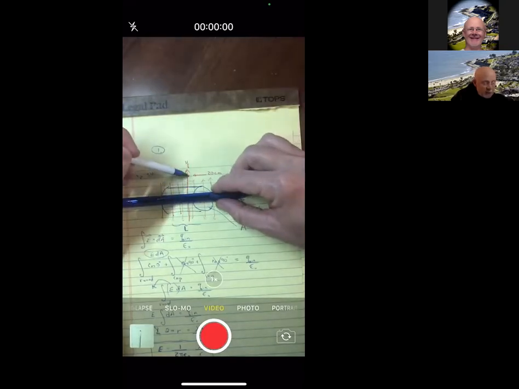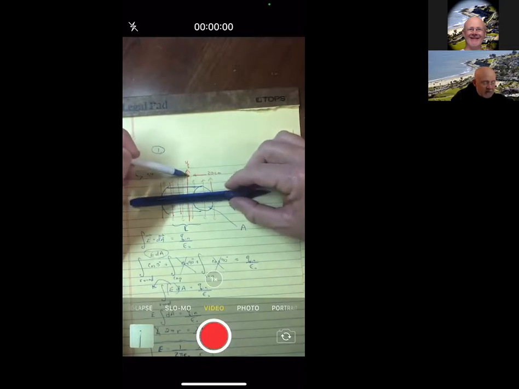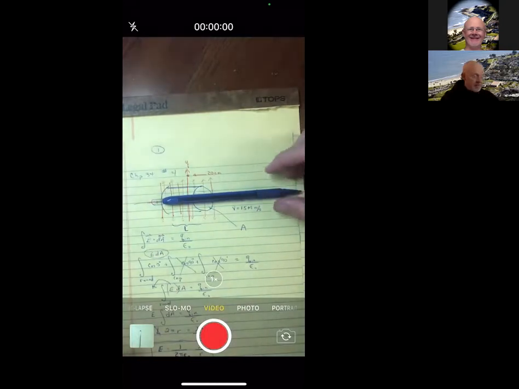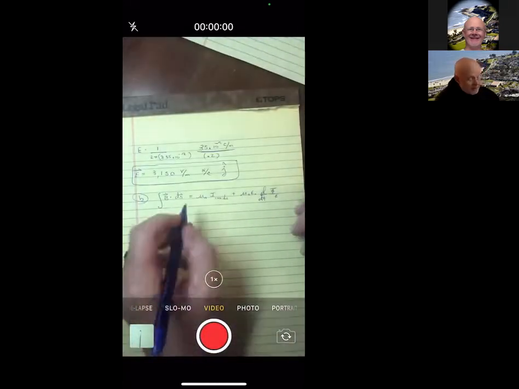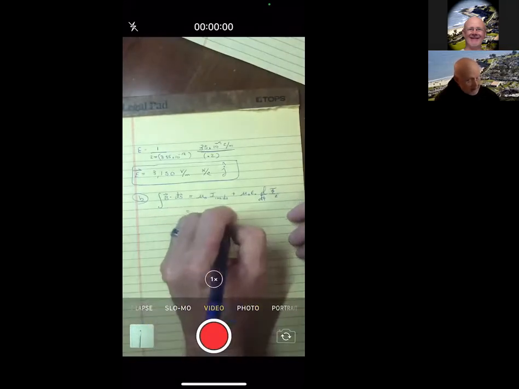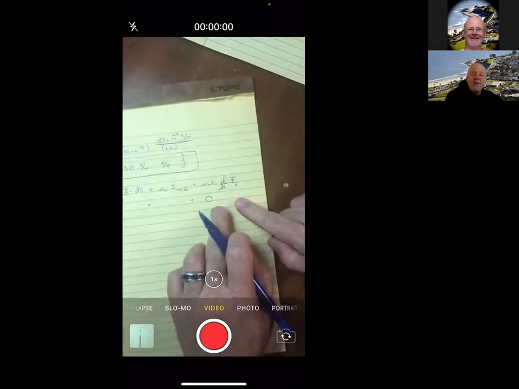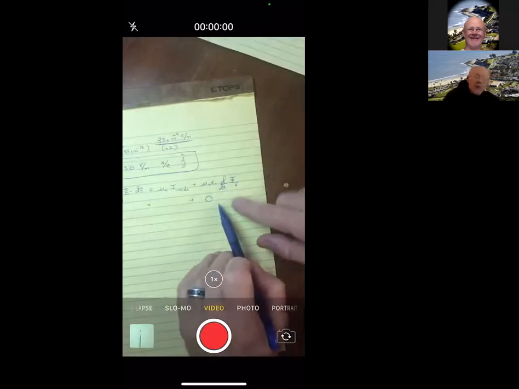You just move to a different part of the rod, but it's still the same field and the same field and the same field. And so for this particular problem, then the second term is zero. And this is the main point of this chapter.